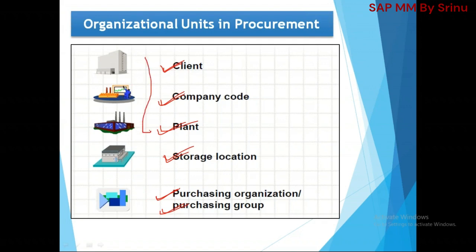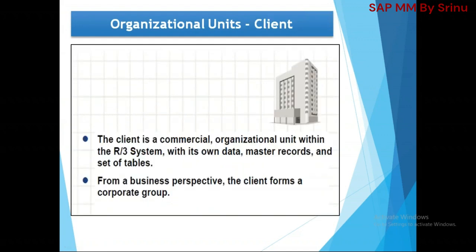These are the organizational objects. We will discuss them one by one, then go to the system to see where they are created and how they are interlinked. So first, let's start with client.